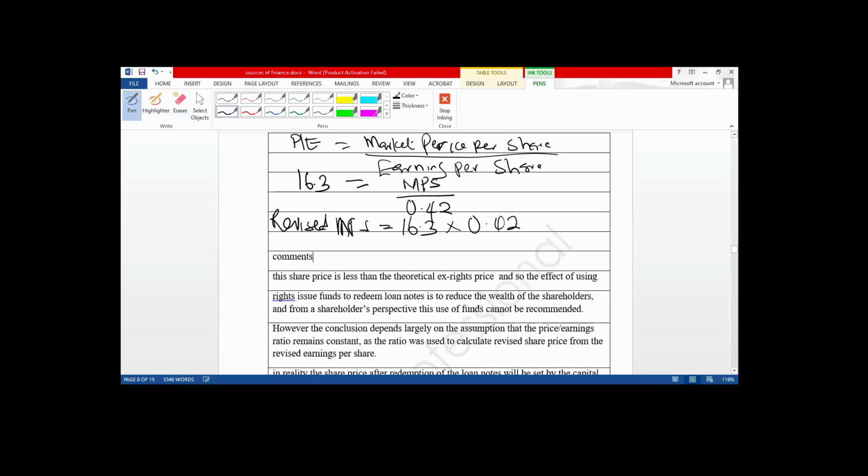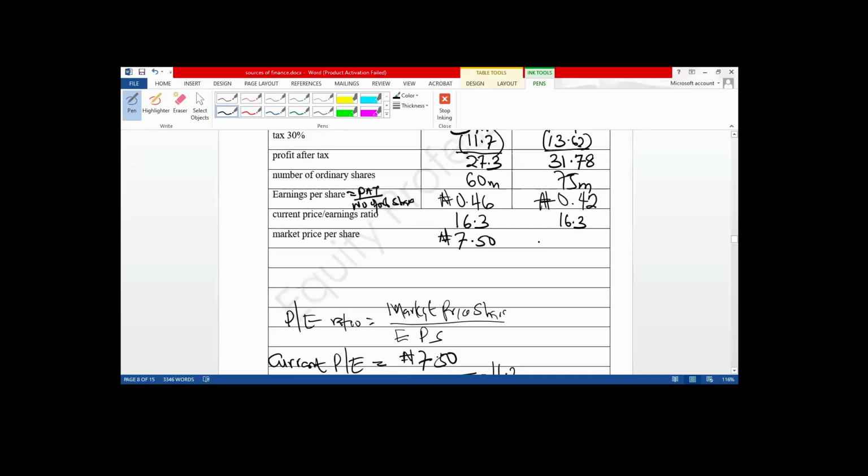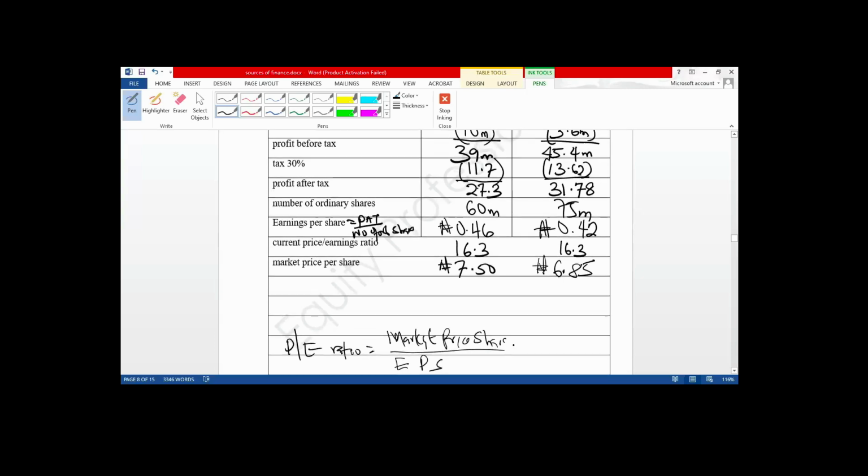Revised market price per share, 6.85. Based on the price earning ratio, that means under revised, this will be 6.85. Now, in this scenario, assuming you are the shareholder, before the proposal, your earnings per share is 0.46, and the market price of your share is 7.50 naira.